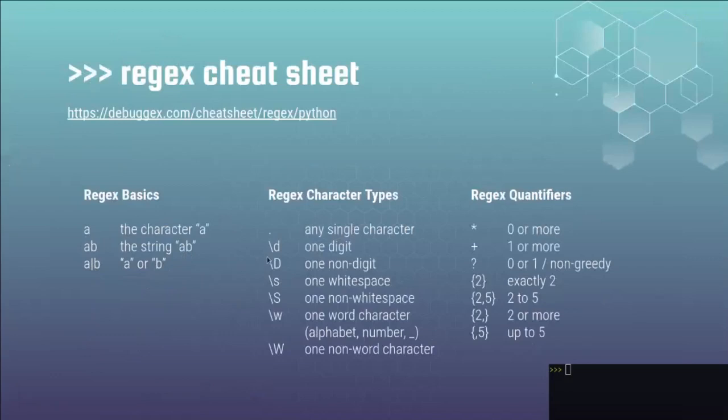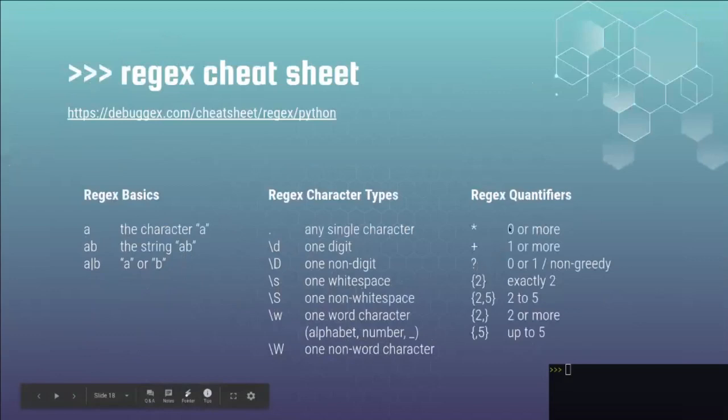So you'll get A or B. We use backslashes for all of our special characters with special meanings. \d gives you a digit. Capital D is a non-digit. This is white space, which is going to cover a tab character, a new line character. And this will be anything that's not white space. Any word character is going to be an alphabet letter, a number, or an underscore. And then a capital W is any non-word.